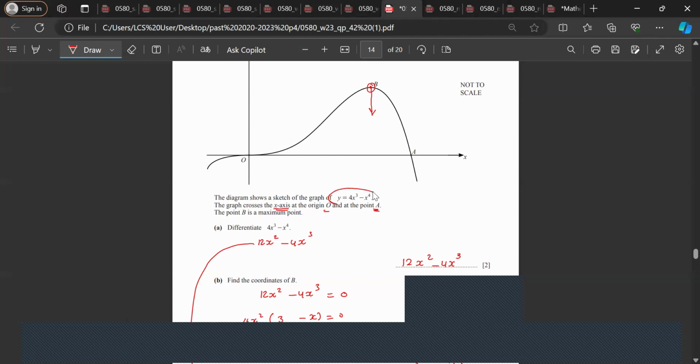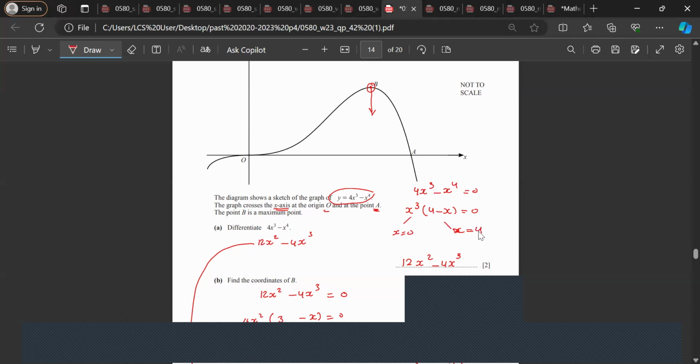I take x power 3 as common factor: 4 minus x equal 0. So either x equals 0 or x equals 4.